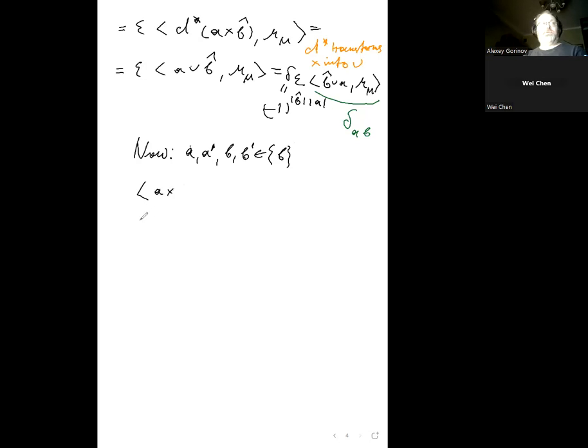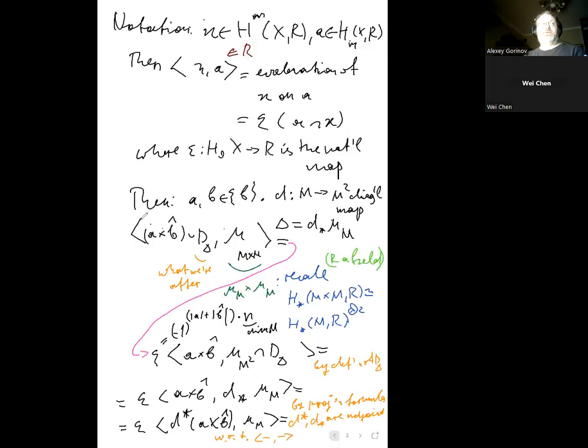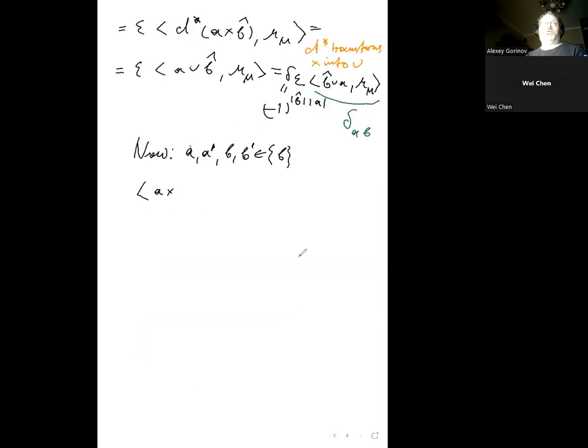What did we have here? We had A cross B roof. We got A prime plus B prime roof. Evaluate on mu m squared.